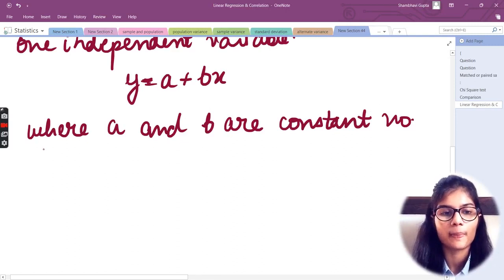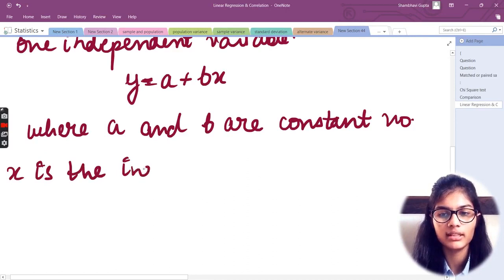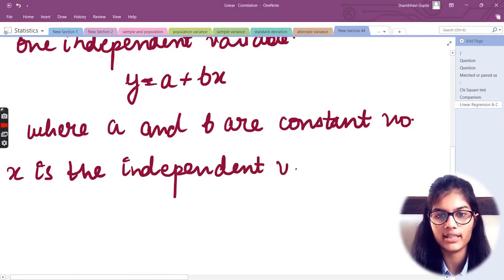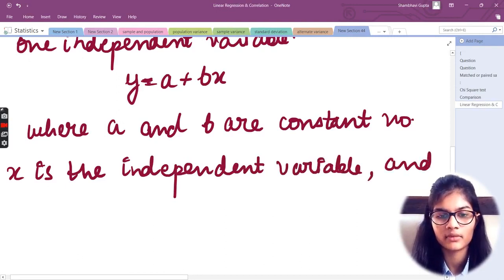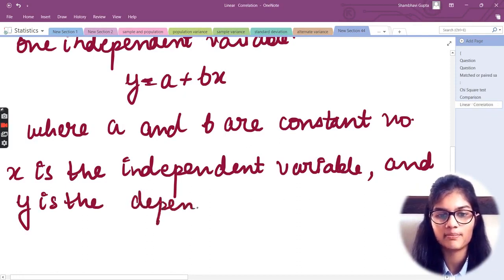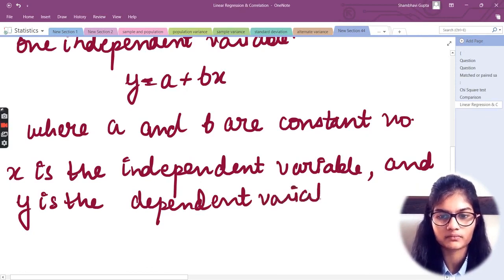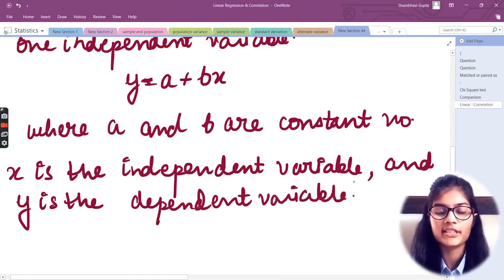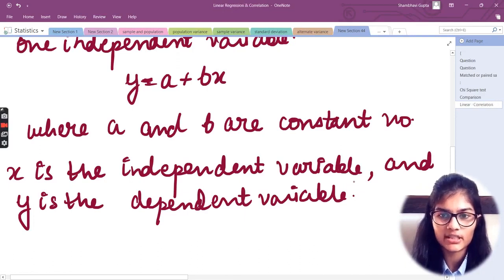Now, I could mention here that x is the independent variable, and y is the dependent variable.